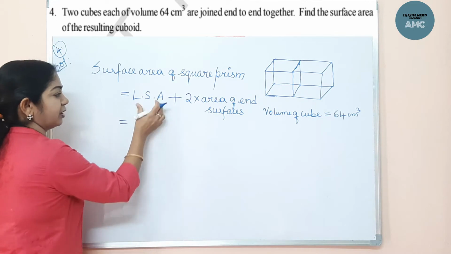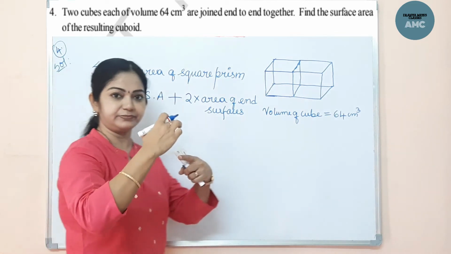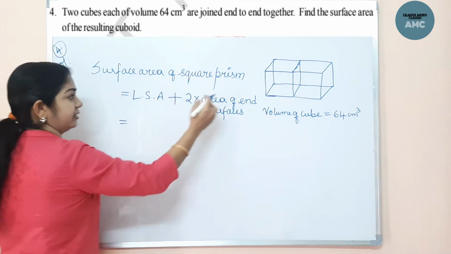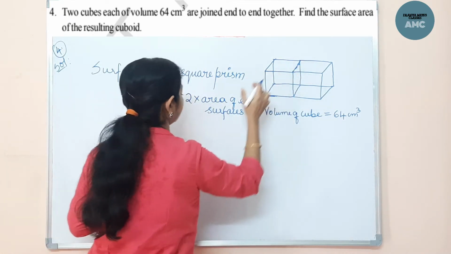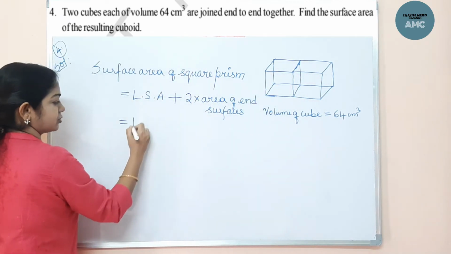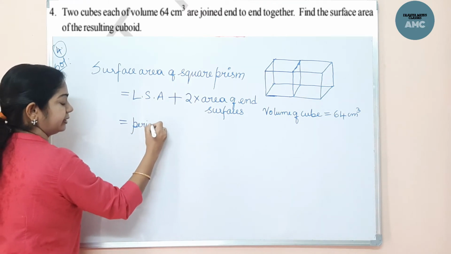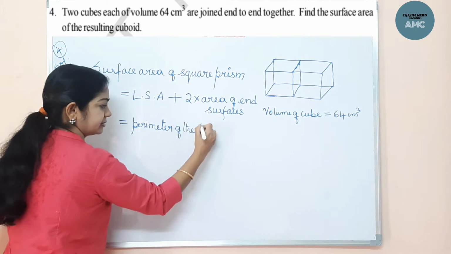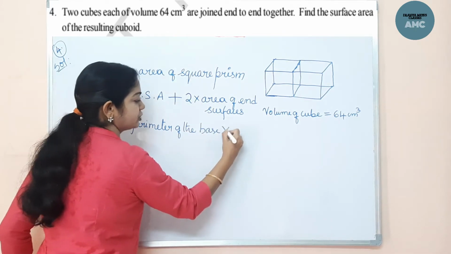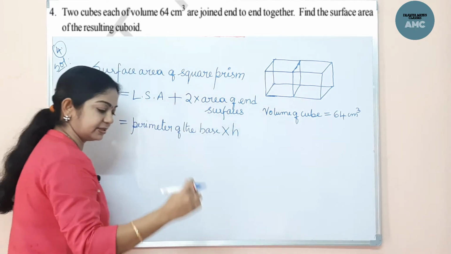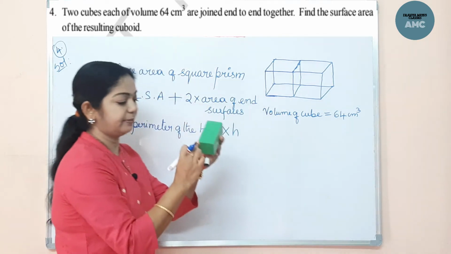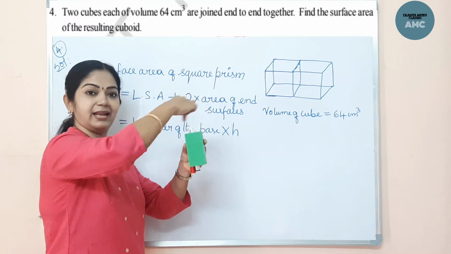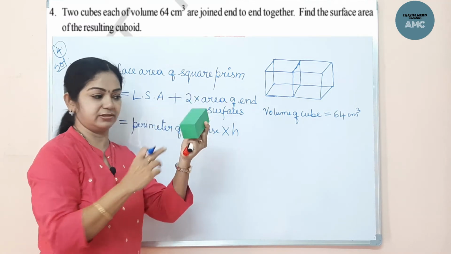Now, how do we find the LSA of the lateral faces? When these faces are like this, they are rectangles. So the perimeter of the base into the height gives the LSA of this combination.